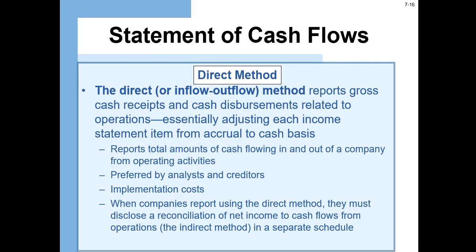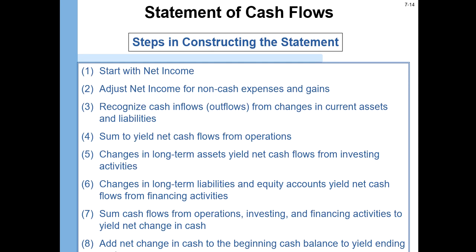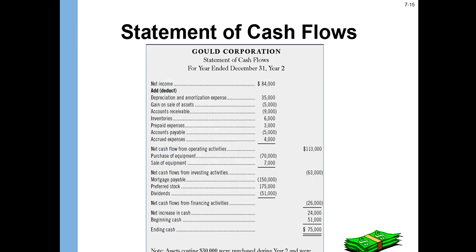Then the change in the long-term assets yields net cash flows from investing activities. Mortgage payable for properties, real estate, preferred stocks, dividends went to investing activities.